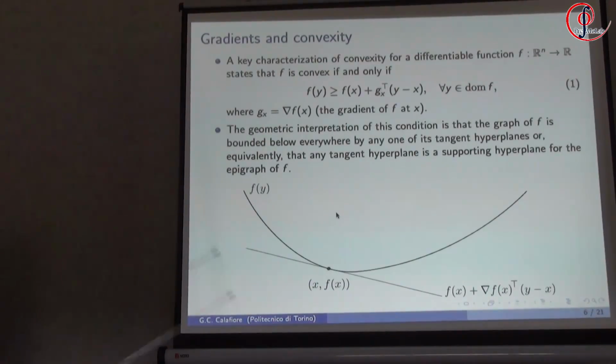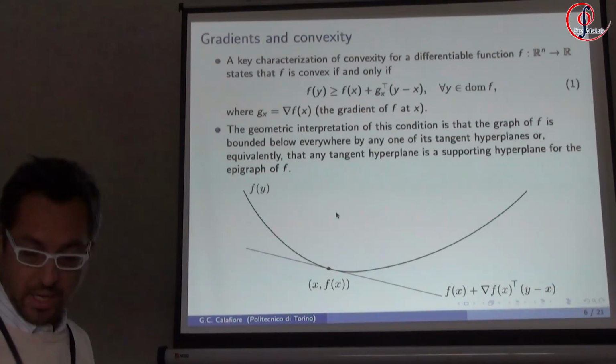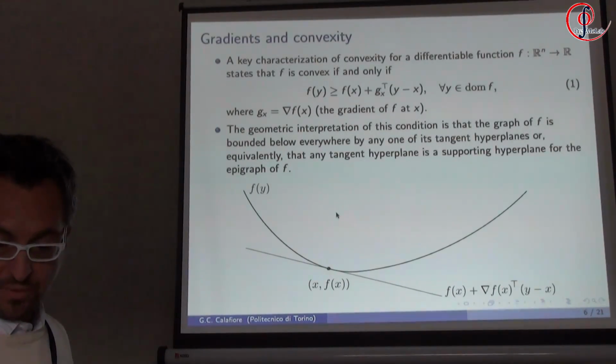And geometrically, the interpretation of this convexity condition is that the graph of a convex function is always lower bounded by the tangent hyperplane, at any point. So any point we choose in the domain, the graph of the function is lower bounded by the tangent hyperplane, for any convex and differentiable function.